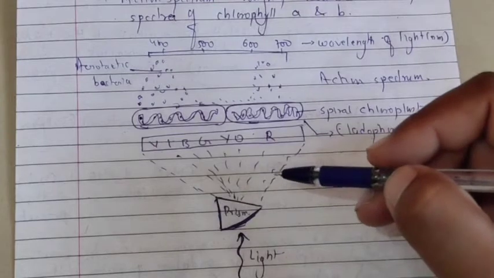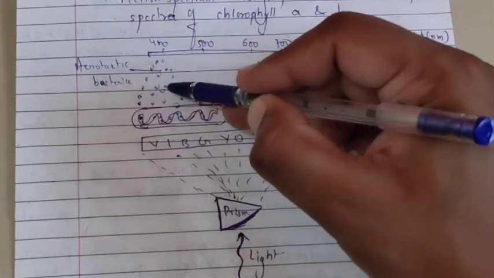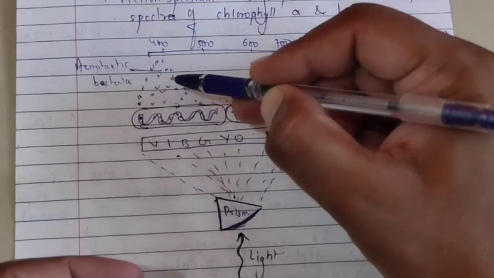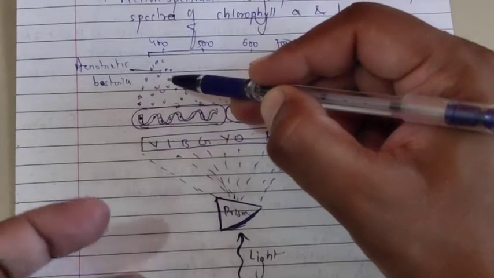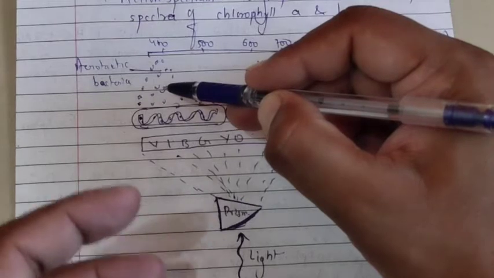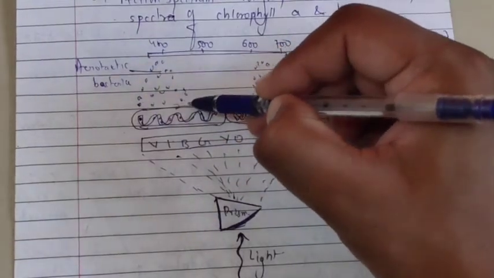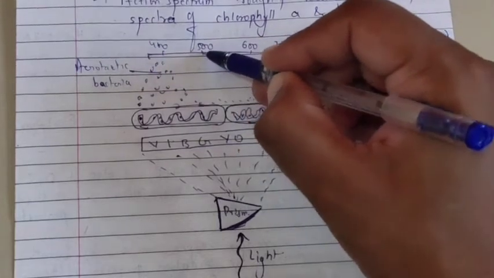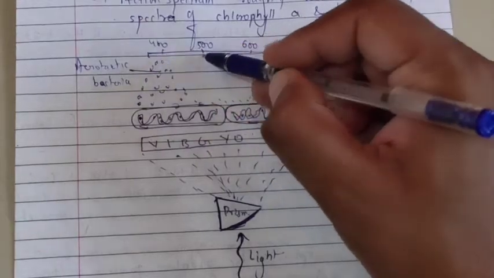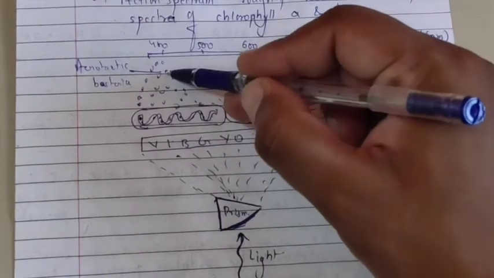So what happens by using the aerotactic bacteria? They accumulate where oxygen is liberated. There the aerotactic bacteria accumulate in large numbers. A large number of aerotactic bacteria can be seen in the range between 400 to 500 nanometers, that is between violet and green, where there is a high rate of photosynthesis.